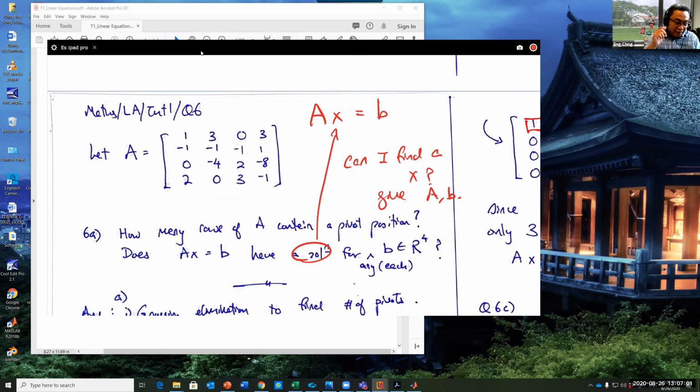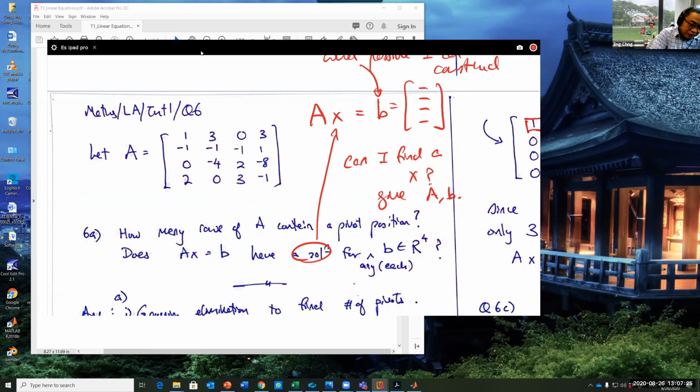Now, how many B's can he give you? He can actually give you any numbers, any 4 numbers, right? So if you think, what are the possible B's that I can construct?